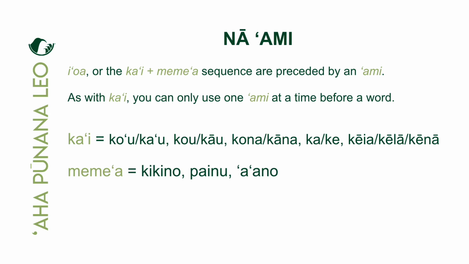Kikino, nouns; painu, verbs; ʻano, stative verbs. But so far we've only been using kikino, nouns, namely kino, ʻohana, and lole. We haven't been looking at the painu or ʻano words yet.